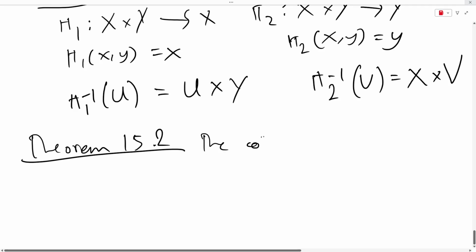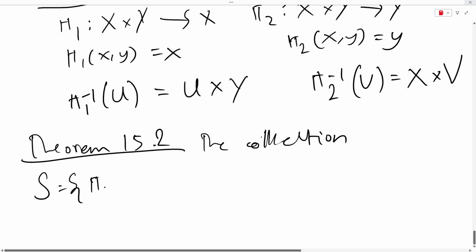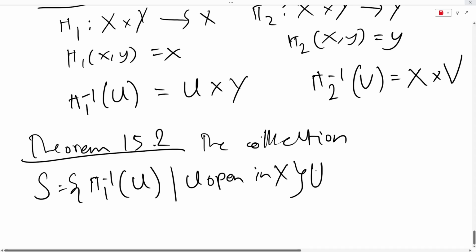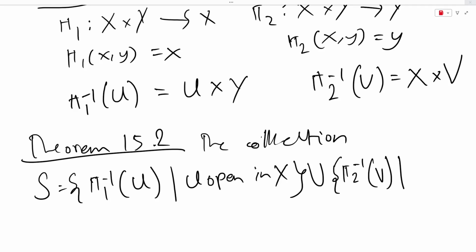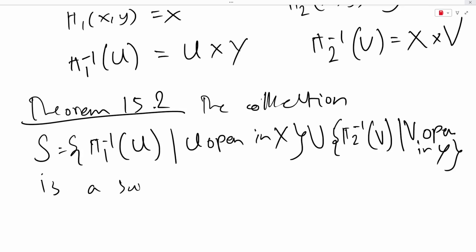The collection S equals, let me write it here, it's going to get big: the inverse image of pi1 of U such that U is open in X, union the inverse image of pi2 of V, so V open in Y. So this collection is a subbasis for the product topology.